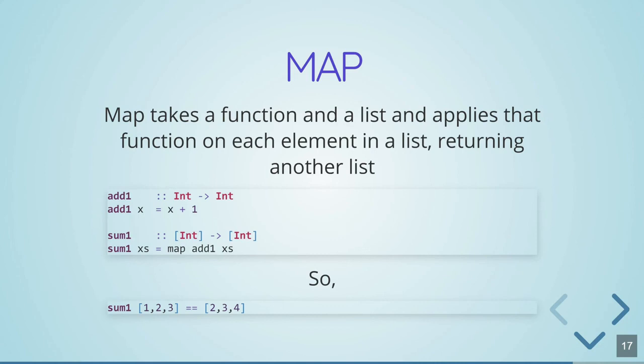So take, for example, if we had a function add1 that just adds 1 to its argument, and we wanted to go through a list and add 1 to each thing in that list, we could map this function add1 to a list x's. Okay, so if we created this function sum1 and we gave it 1, 2, 3, it would return back the list 2, 3, 4.